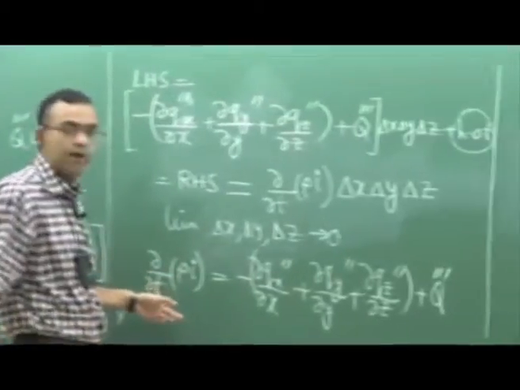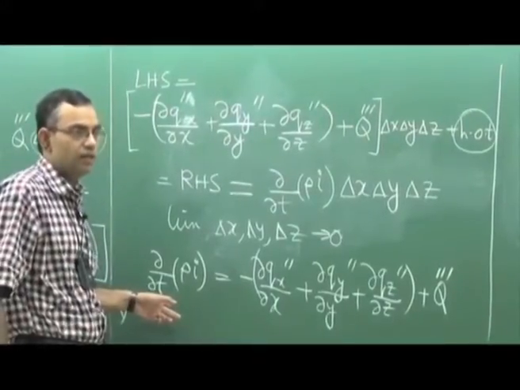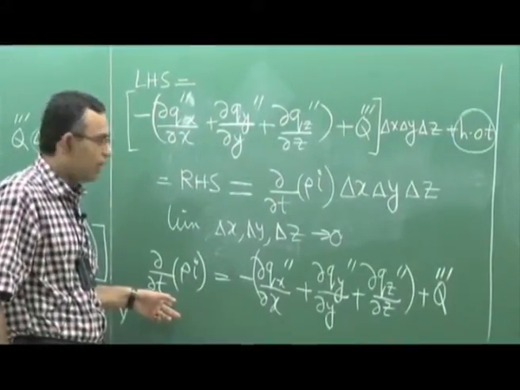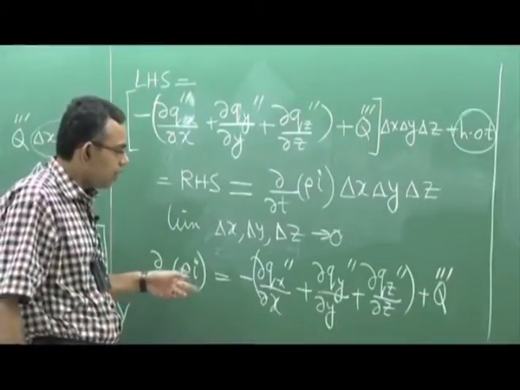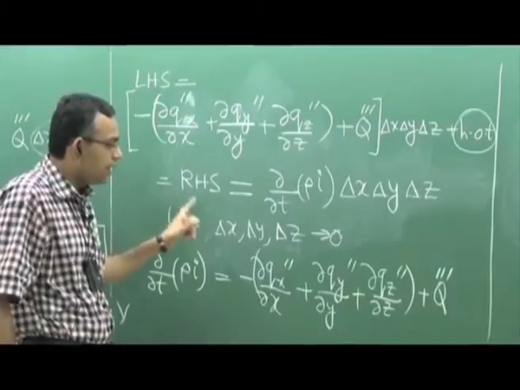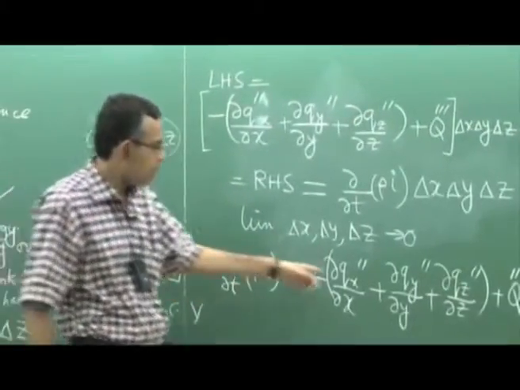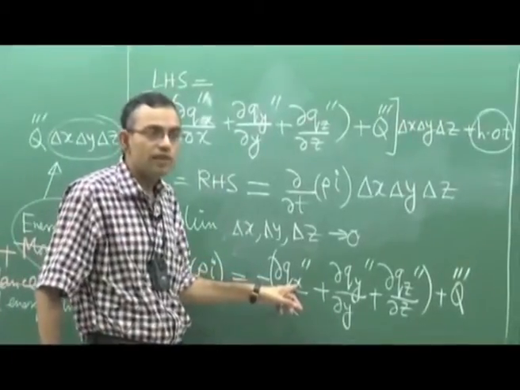Now this is a pretty generic equation. So far we have not yet introduced the implication of conduction in this equation. What can be the basic modes of this heat flux?